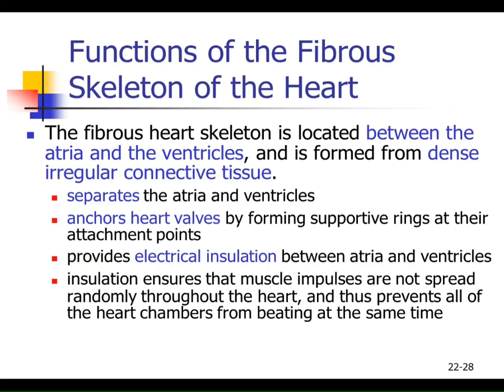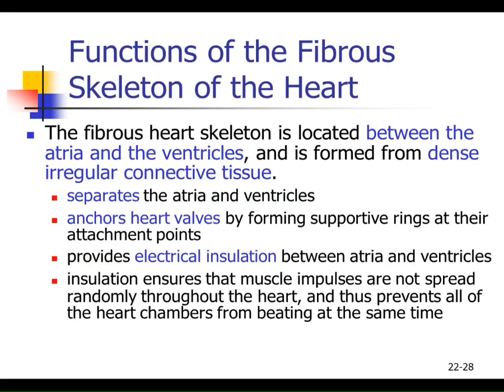Not only is this going to physically separate the atria from the ventricles, but it's also going to give a structure for all four valves to embed into. Up till now, I said that the chordae tendineae were very important for maintaining the valve, and they are. But what keeps the valve in its anatomical position is going to be the fibrous skeleton.